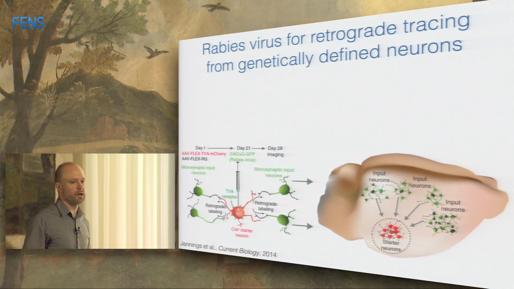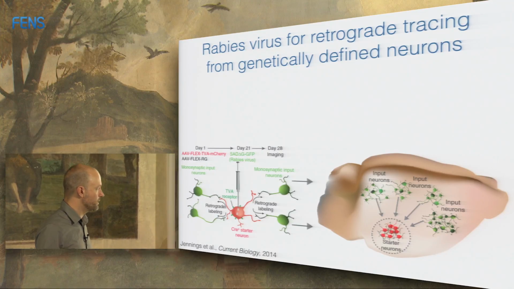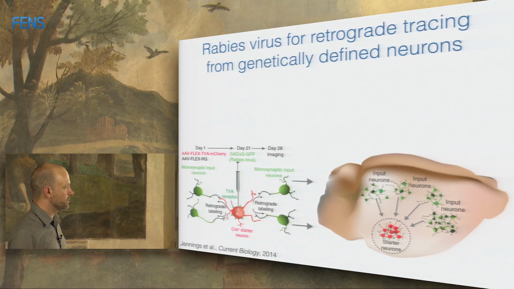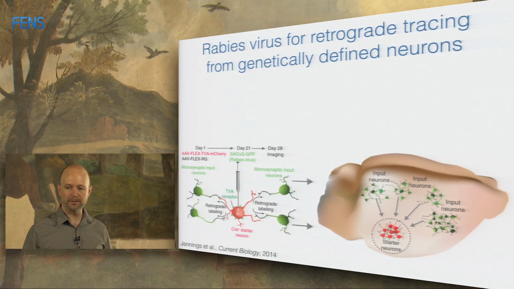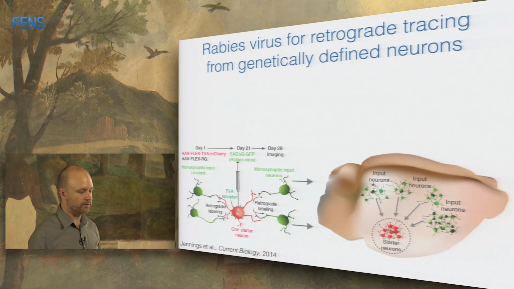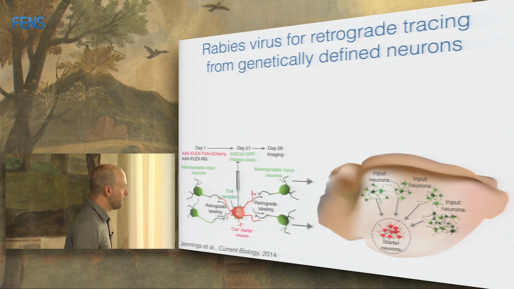It requires a number of different viral constructs and tools. Essentially, you're going to be starting with a set of neurons in a brain region that you're interested in that express Cre recombinase. For example, we can start with tyrosine hydroxylase expressing neurons, going back to our example, in the ventral tegmental area or substantia nigra pars compacta, that are expressing Cre recombinase.